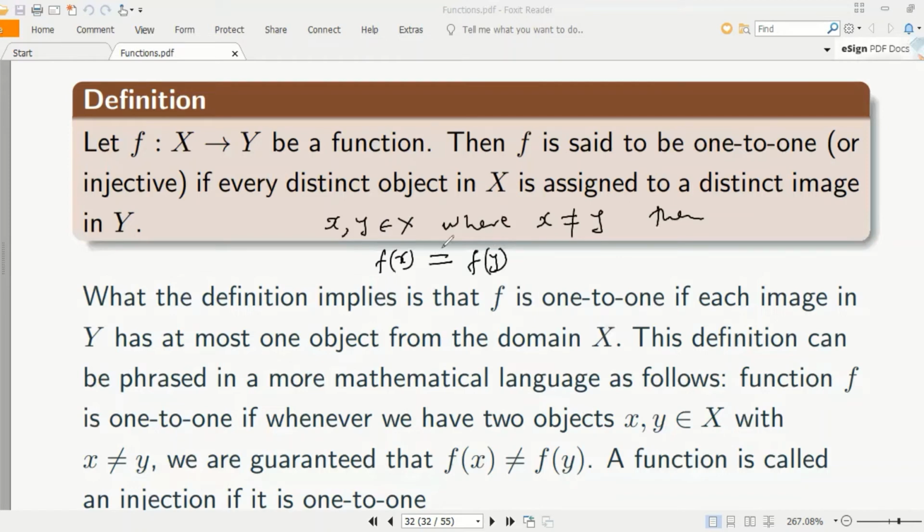These images must be different. And that's what I've written here. A function f is one-to-one if whenever we have two objects x and y which are different, we are guaranteed that their images, or their outputs, will also be different. Very good.